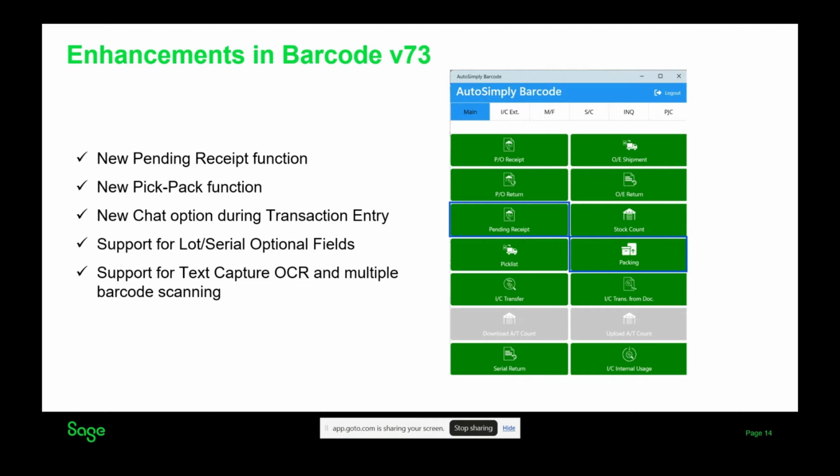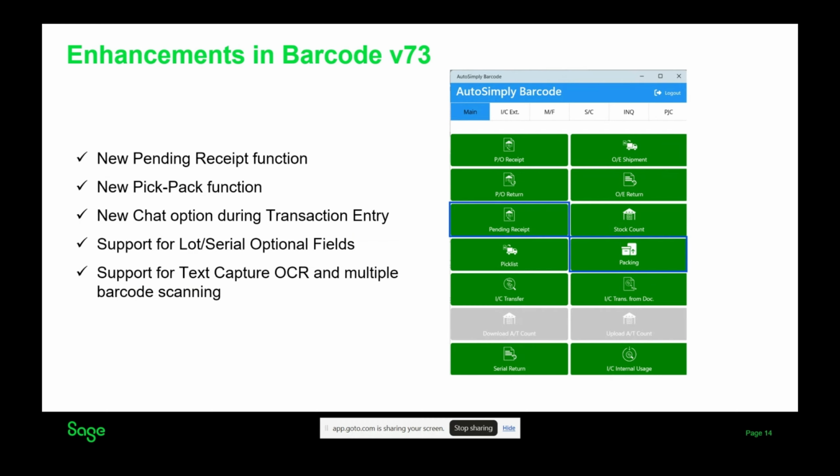We also support chatting. With our new chat module, as we post transactions in barcode, we are now also able to trigger an automated chat message to advise or follow up with the next user on what needs to happen for that transaction.